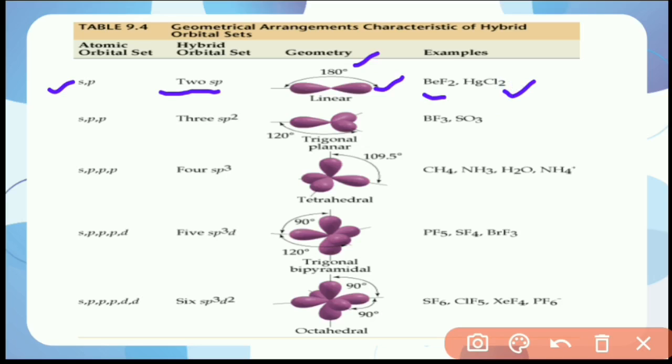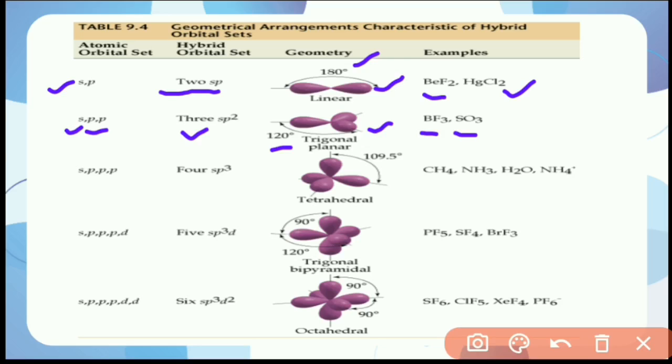Next type of hybridization is sp2 hybridization. In this hybridization, 1s and 2p orbitals intermix and form 3 new sp2 hybrid orbitals, arranged trigonal planar, and the angle formed is 120 degrees. Examples of this hybridization are BF3 and SO3, boron fluoride and sulfur trioxide.